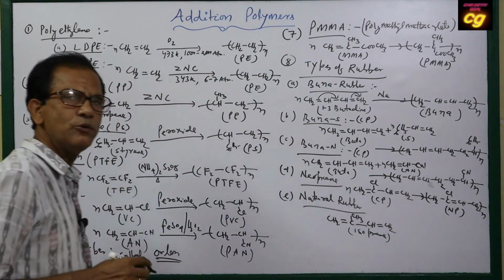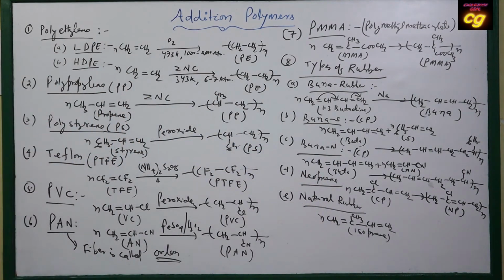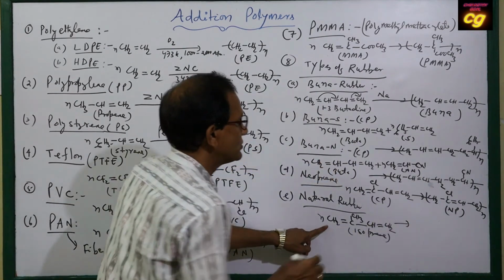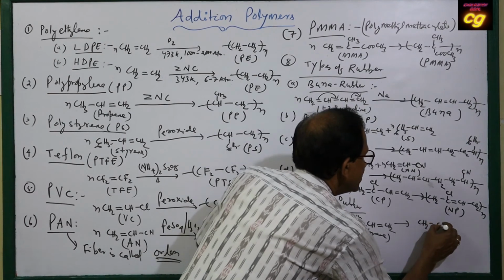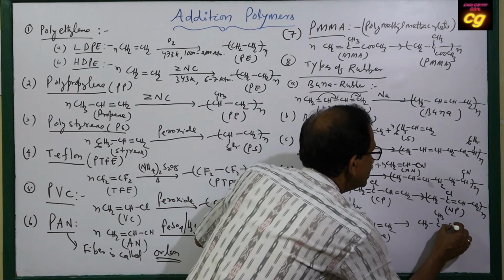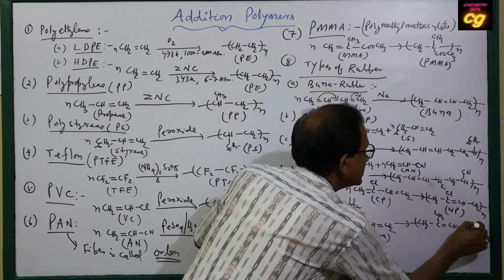This isoprene, when n number of isoprene polymerize, produces polyisoprene. Same structure, CH2 single bond, then CH3, double bond, then CH, single bond CH2, like this.